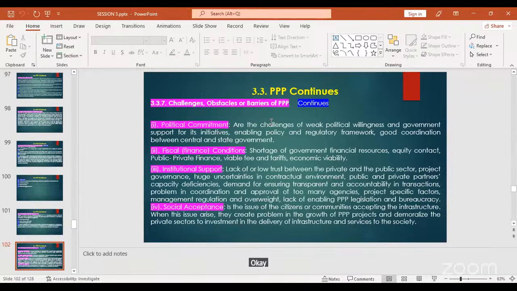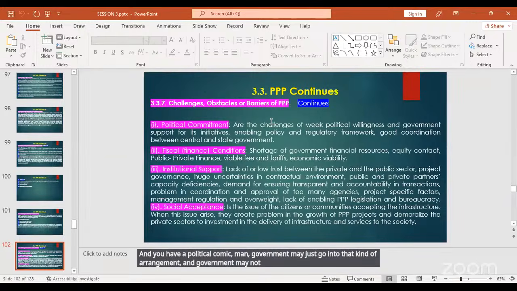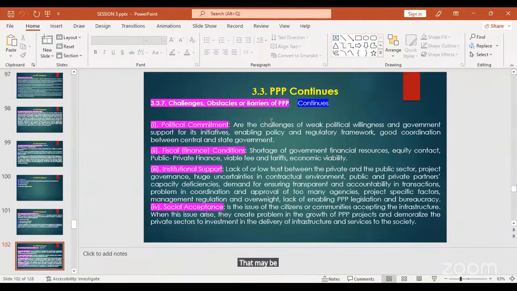Okay? It may face challenges in the area of political commitment. Government may just go into that kind of arrangement, and government may not be politically showing the willingness. That may be a challenge. Okay? Fiscal conditions, shortage of government financial resources.